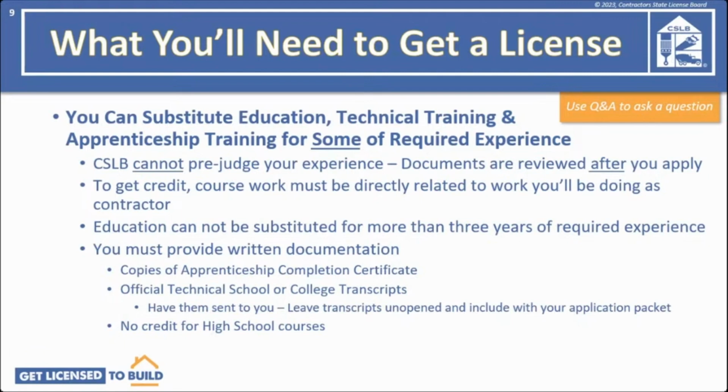That means a copy of any apprenticeship completion certificates you earned, or official technical school or college transcripts. Have your transcripts mailed to you. Do not open the envelope. Leave it sealed and include it with your CSLB application packet. Note that high school courses will not earn you any credit towards your contractor's license.